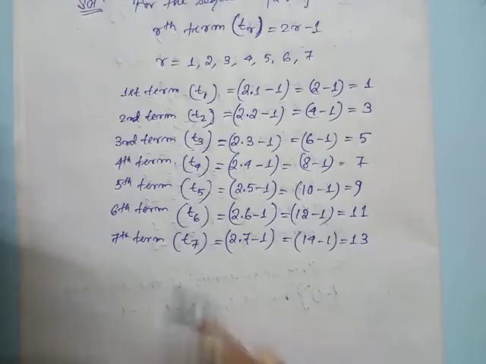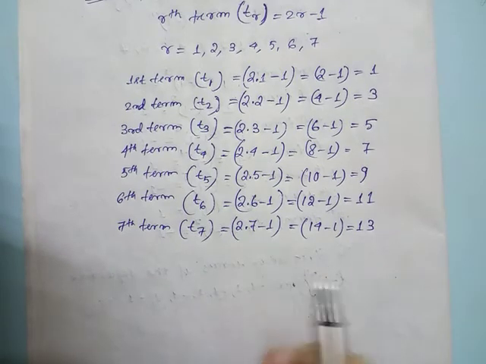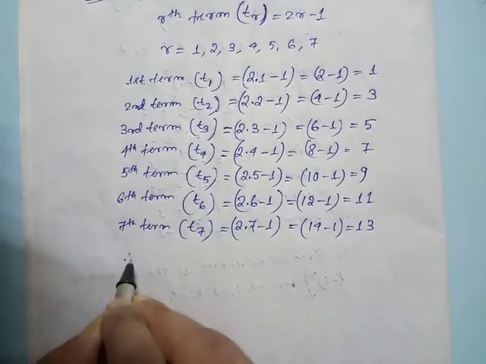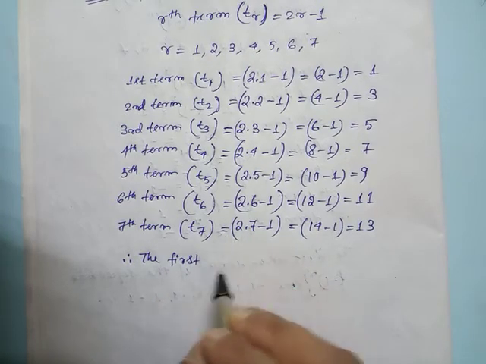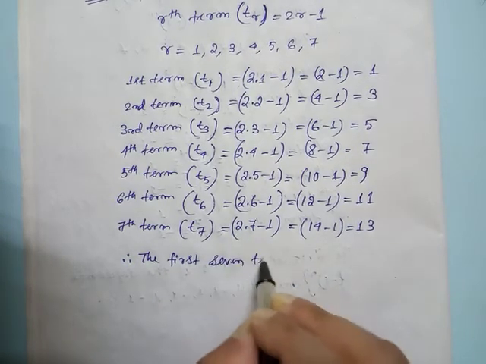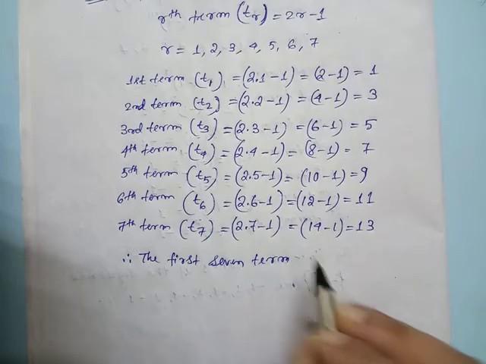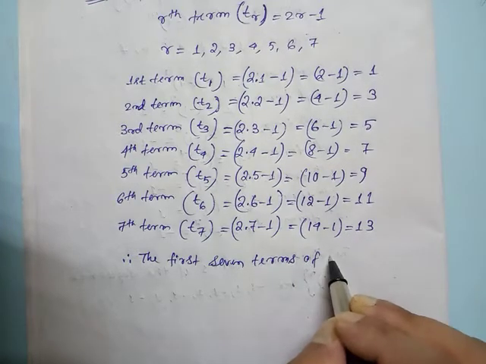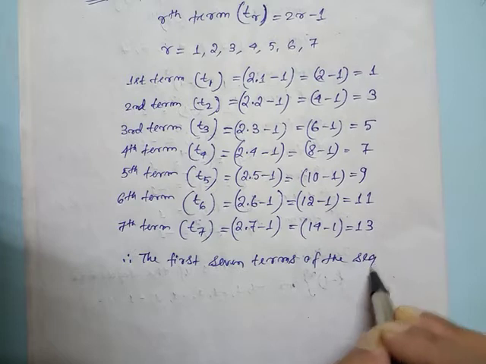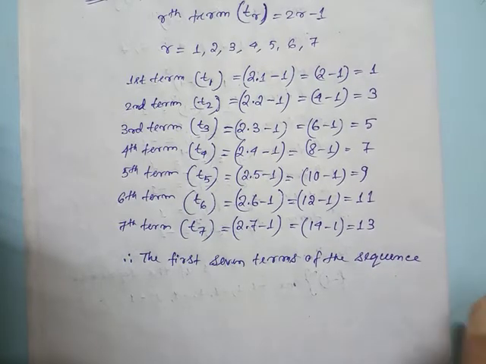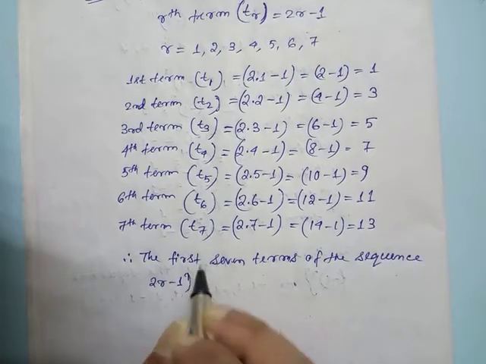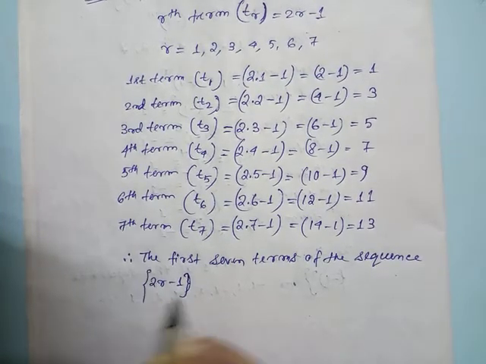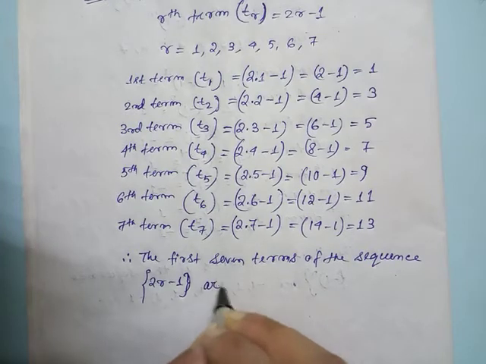Now after that, like the previous one, I will write a note here. Therefore the first 7 terms of the sequence 2r minus 1, give the second bracket here, r.